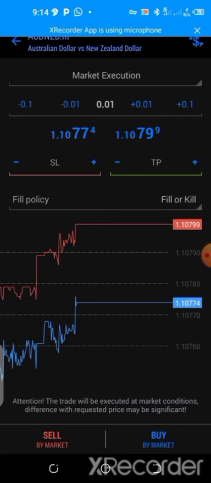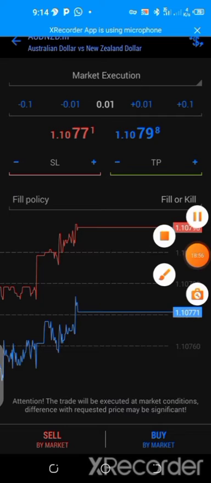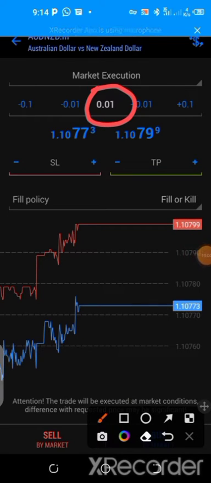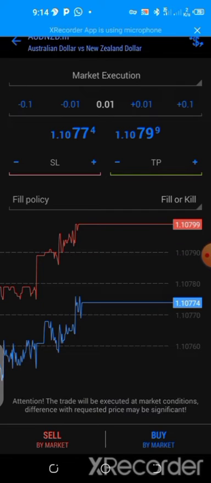So the next one, you see something here. We were talking about lot sizes. I'm sure the other day, at the first videos, we were talking about the pips. So this is a lot size. The lot size simply means the amount of a trade.